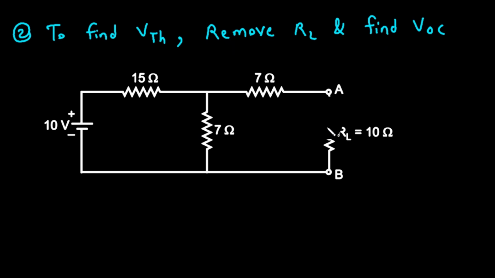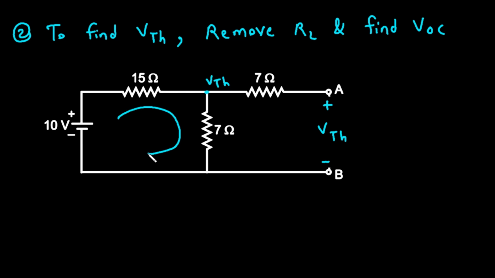So let's remove this RL and now this will be our VOC, or directly we can write VTH. So here this will be positive and this will be negative. Now here we can see this 7 ohm is open circuited. So that's why the voltage across this 7 ohm will be our VTH.